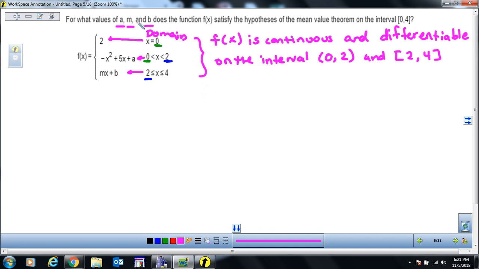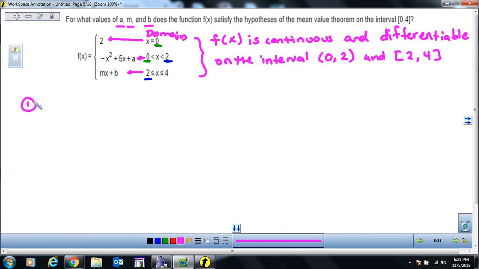So we have to find 3 different values that make this whole piecewise function be continuous. That's what it says here, for what values of a, m, and b does the function f of x satisfy the hypothesis of the mean value theorem? Okay, so we want to find numbers for a, m, and b that make f of x continuous and differentiable at these 2 values that I put here.